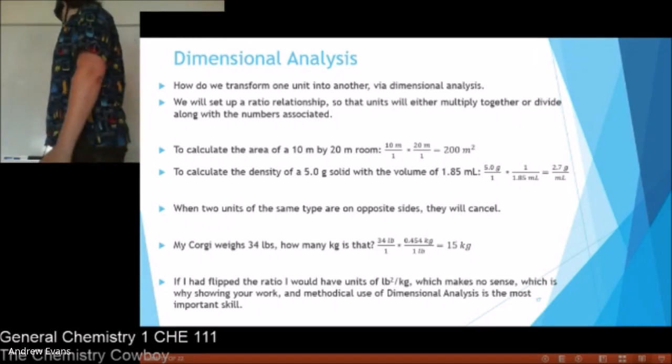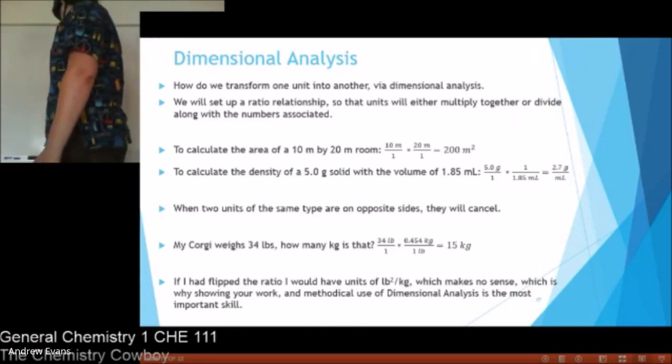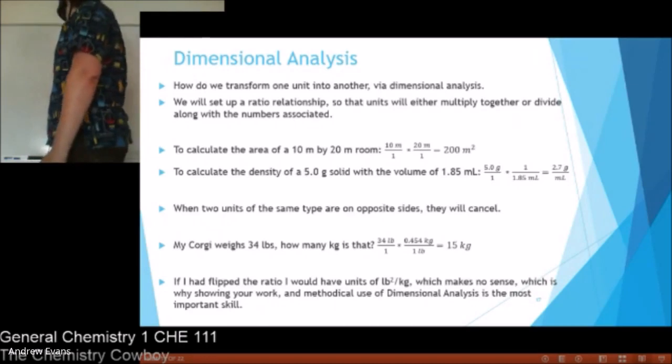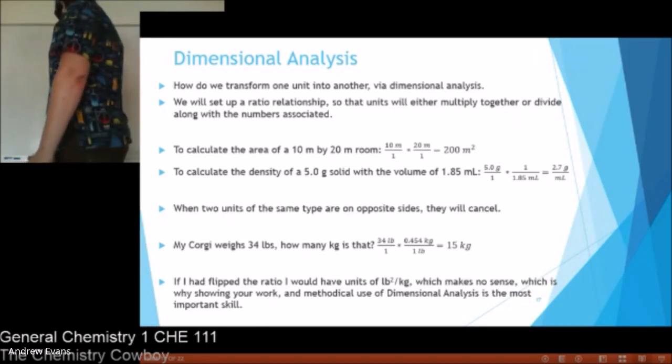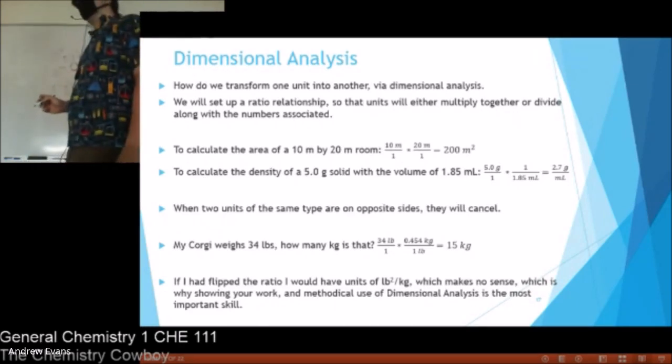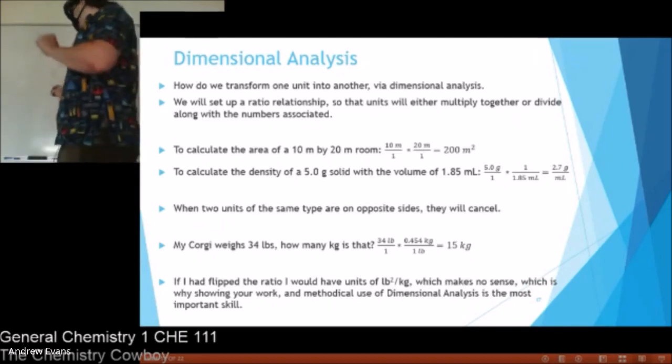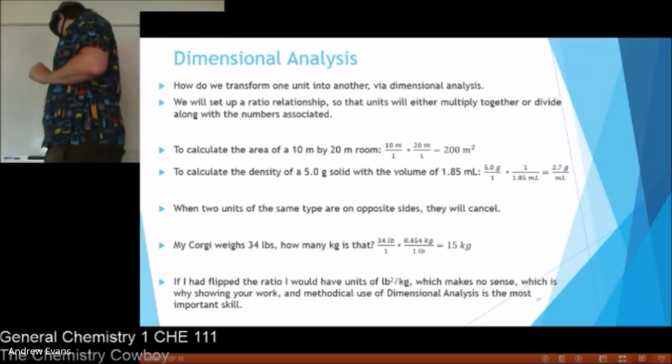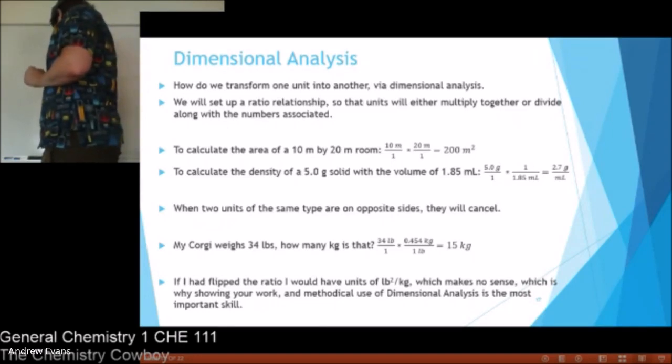If I have grams to the first and I multiply it by grams to the first, the result will be grams to the second, or grams squared. If I have grams to the first and I divide by a number that's grams to the first, I will have grams to the 0th, which is 1.